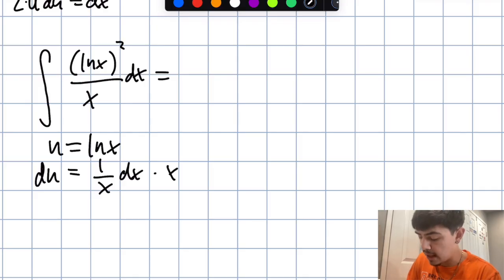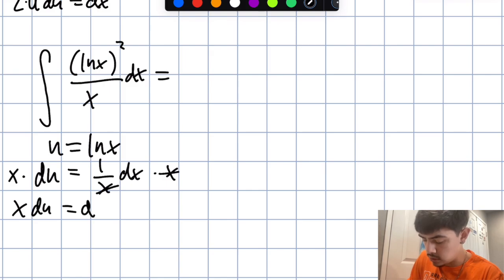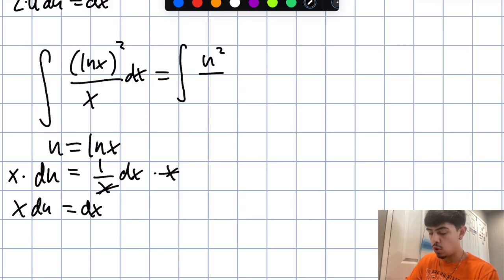So we're going to multiply x to both sides, right? These cancel out, turn to 1. We have x times du equals dx. Wonderful. Let's replace all of our x's with u's. So now we have u squared over x, remember x is still there, times our dx. What's our dx? x times du.